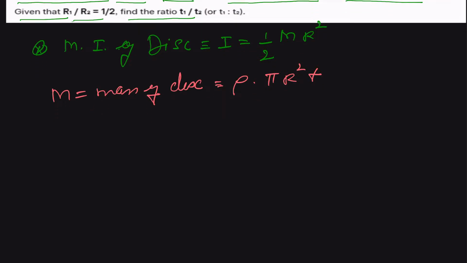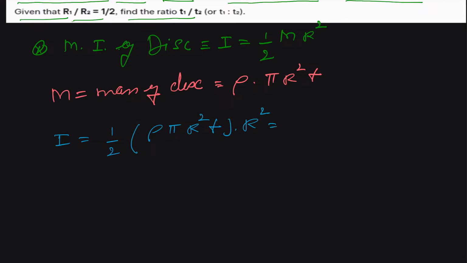Therefore we can substitute it in the moment of inertia. So we get our moment of inertia I will be equal to 1/2 rho pi r square T, and this comes as our r square.